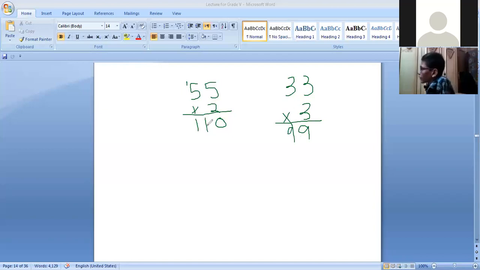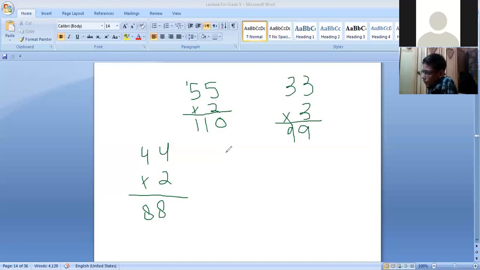Okay, I'm giving you the question 44 multiplying by 2. You will tell me the answer. 2 4s are 8. Very good. Okay, let's solve another question.